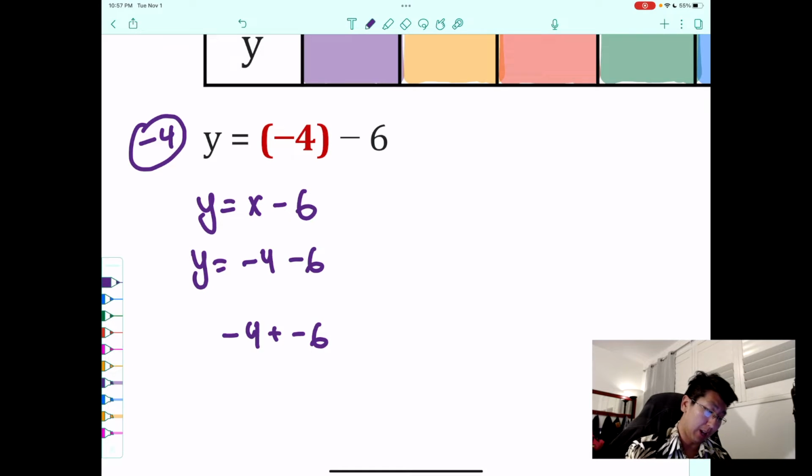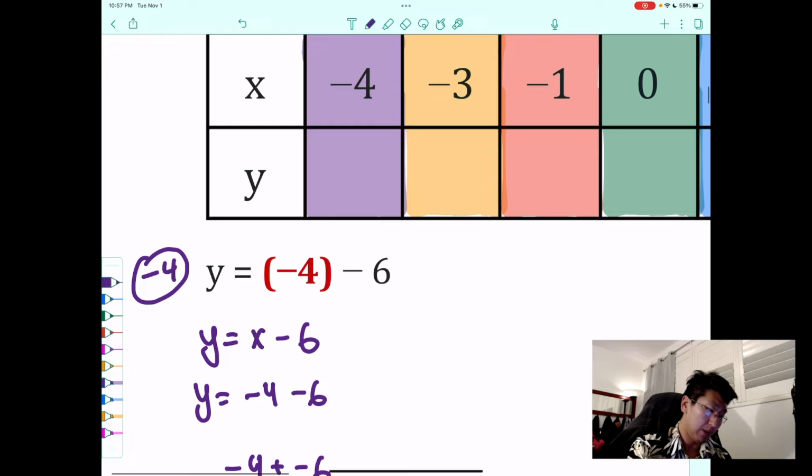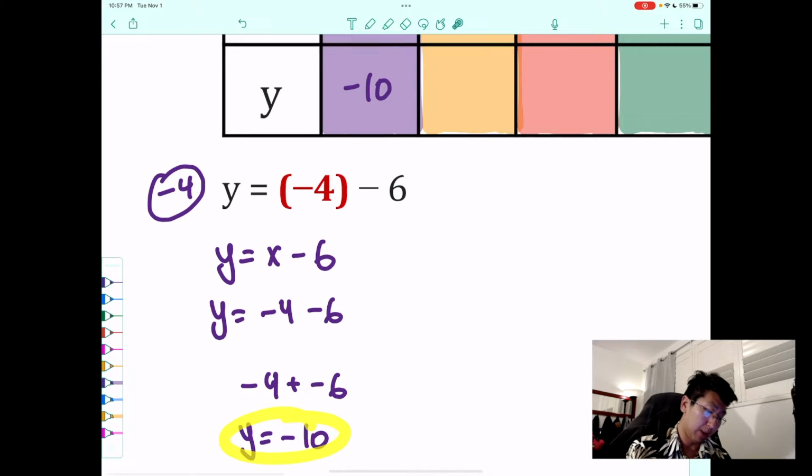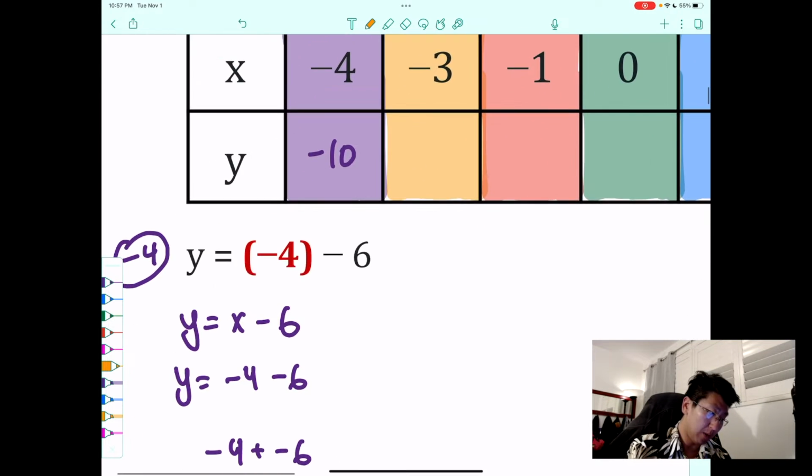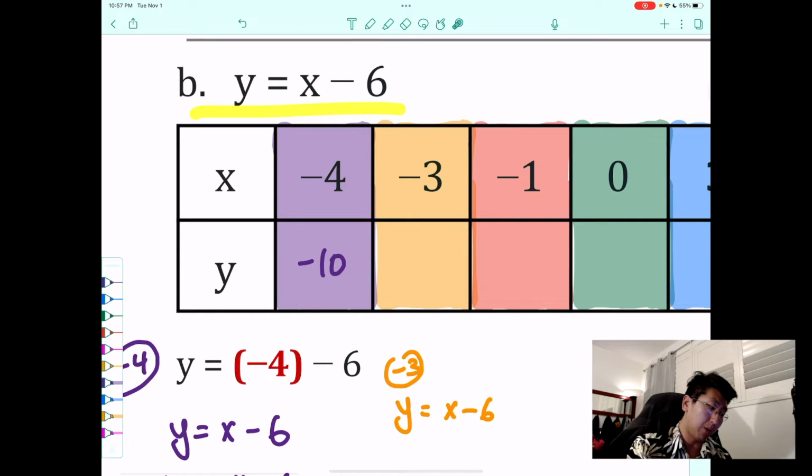So this is going to be y equals -10. Y is -10 when x is -4. Let's try orange, -3. Y equals x minus 6. Where did I get that? Our equation.